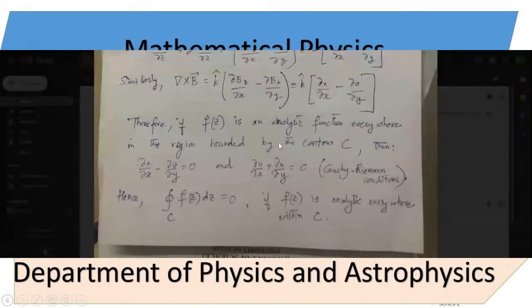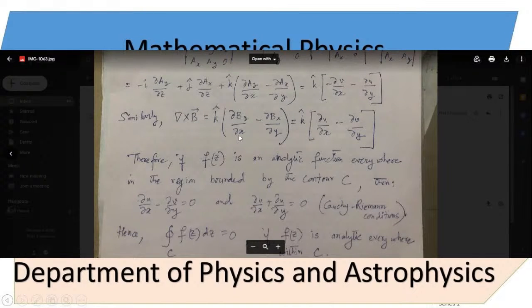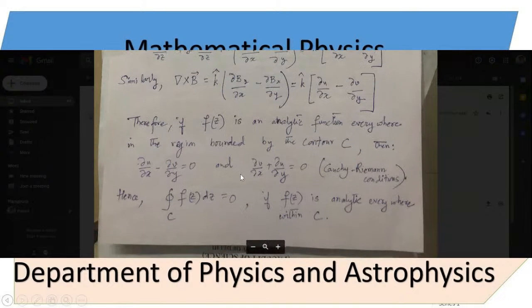And in that case, what we have just now shown, because curl of A is 0, curl of B is 0, as f of z is analytic, we have got a very important result. And what is that result? That if f of z is an analytic function, that means it's analytic everywhere within the region bounded by the closed contour C, then the integral over the closed contour C of such an analytic function is 0.